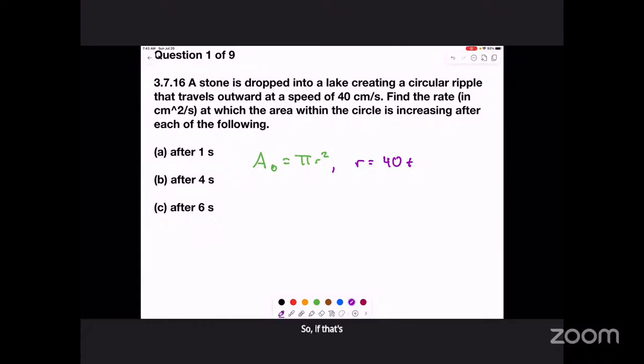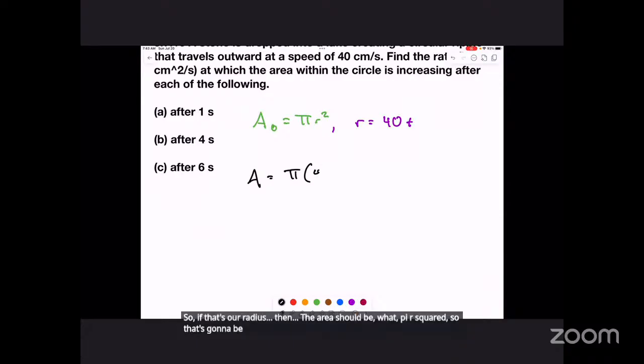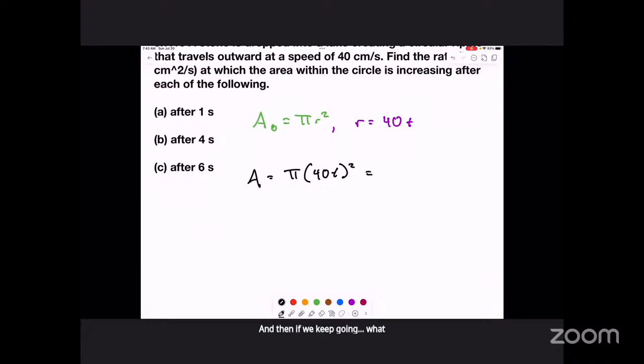So if that's our radius, then the area should be what? Pi r squared. So that's going to be pi times (40t) squared. And if we keep going, what is that? 1600 pi t squared. Okay.